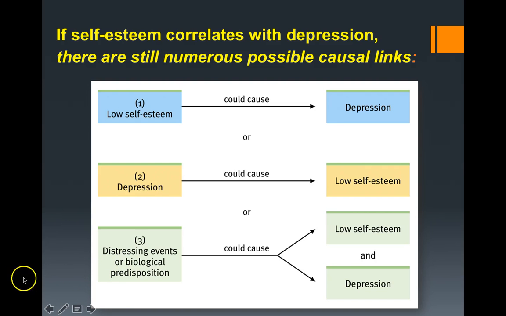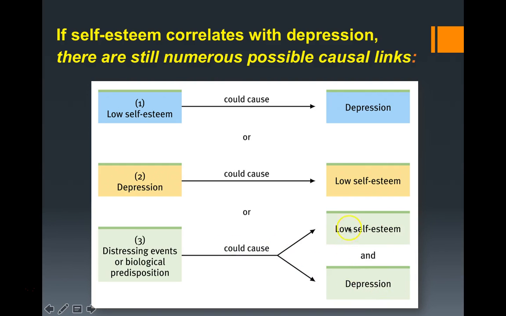So it could be that people who experience highly distressing events in which they feel somewhat responsible, or people who have a biological predisposition going in a certain direction, that these variables, which we call third variables, for example distressing events, could cause low self-esteem and could cause depression.